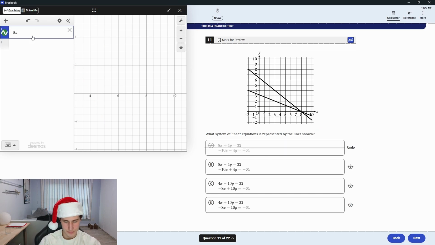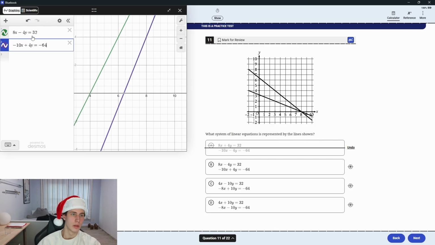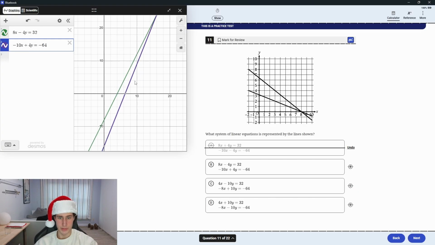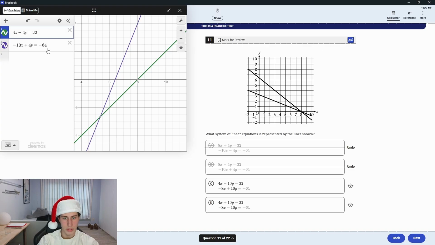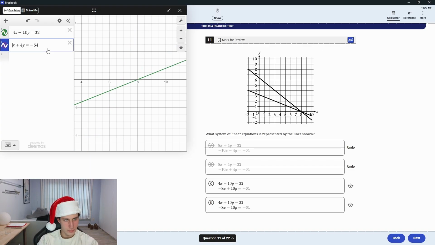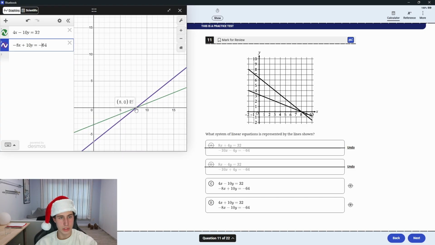So let's try number 2. So this is positive. This definitely doesn't work. So let's try number 3. 4x minus 10y equals negative 64, and that looks close, but this is positive, not negative.